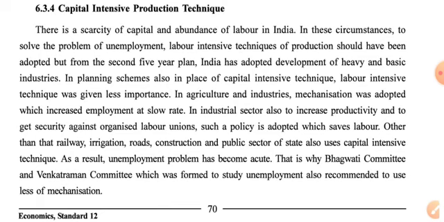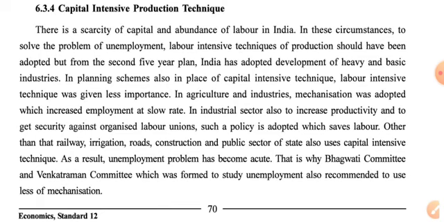In agriculture and industries, mechanization was adopted, which increased employment at a slow rate. These were the two main sectors of the Indian economy at the time of independence. The agriculture sector was the main one, where almost 72% of the population was employed or dependent. Similarly, from the second five-year plan our focus is on basic and heavy industries.